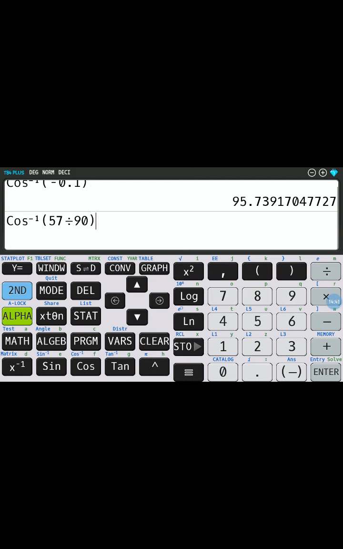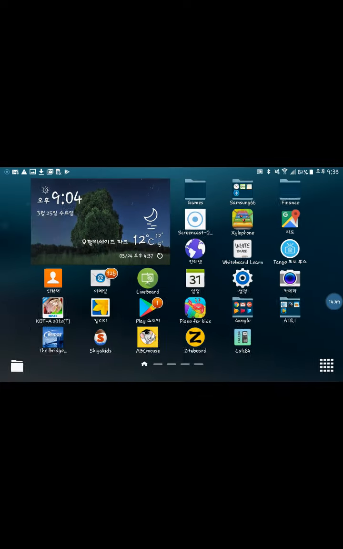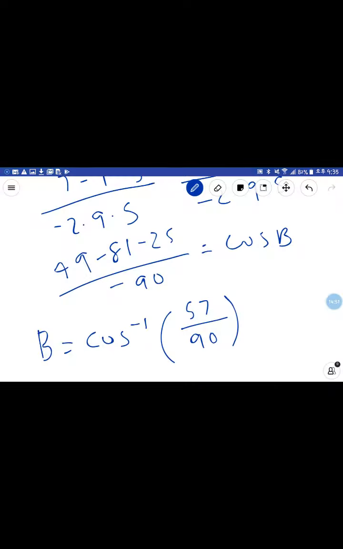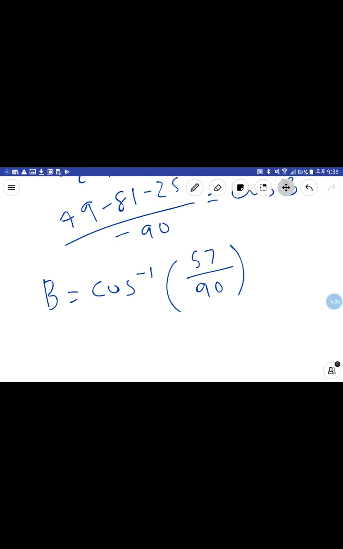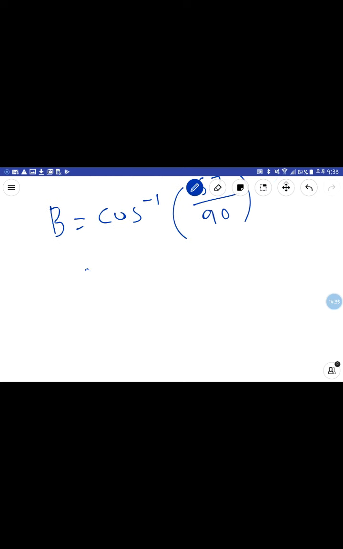That's what I have, right? You can plug in this. That would be 50.703. Okay, so when we round up to the nearest tenth place again, my answer B is 50.7 degrees. Got it?